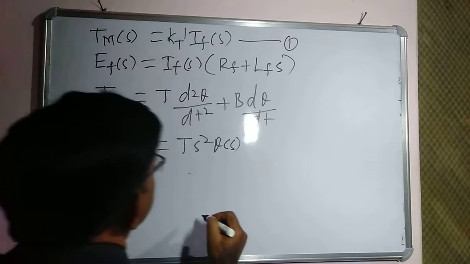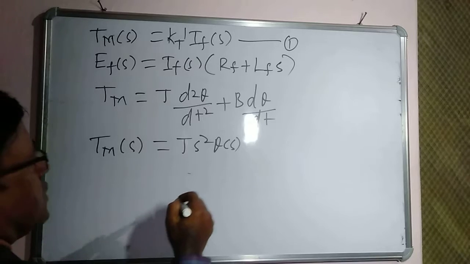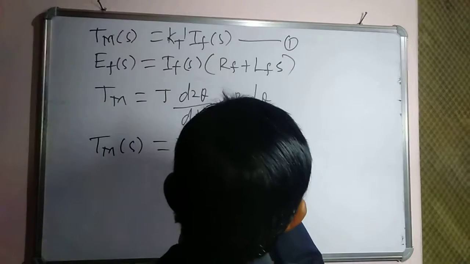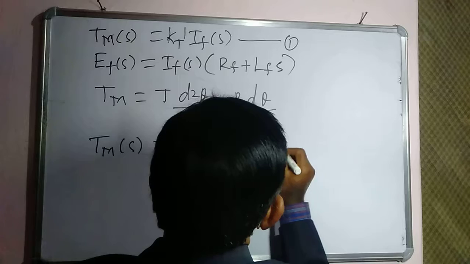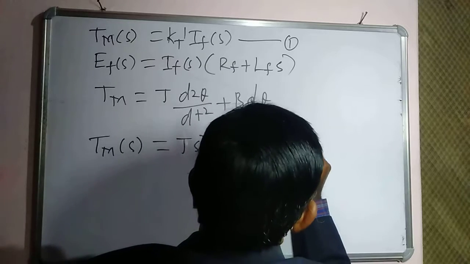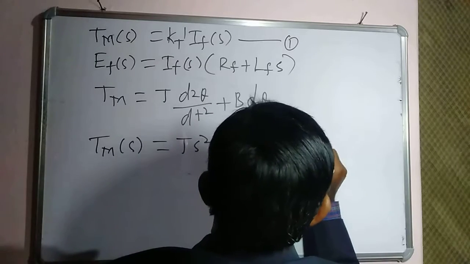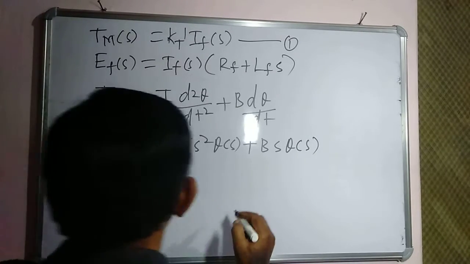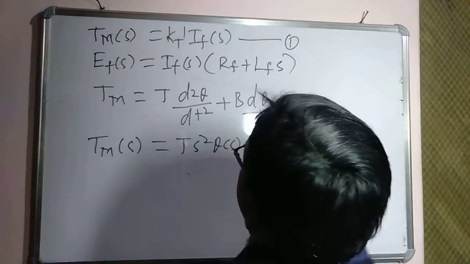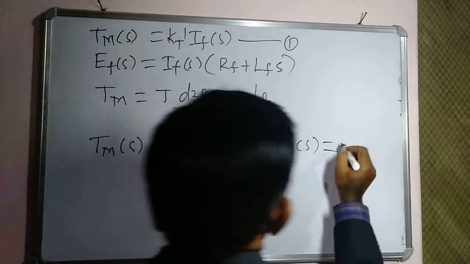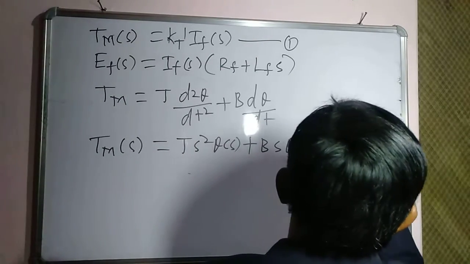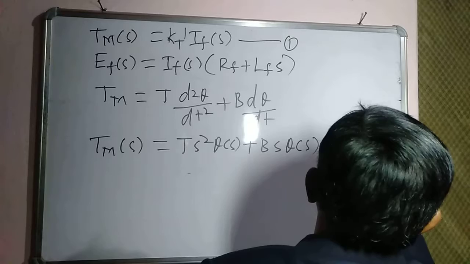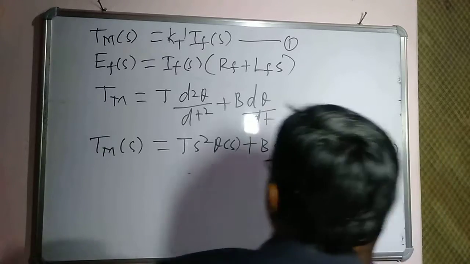Here also I have taken the initial condition 0, plus B s theta of s. So this is equal to, we can put here, Kt dash If of s.